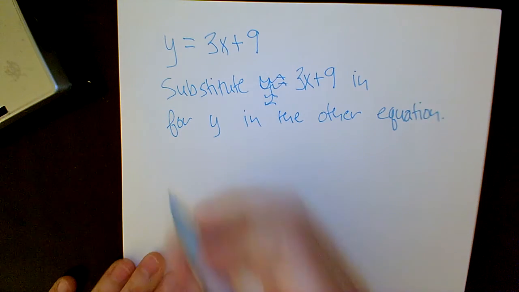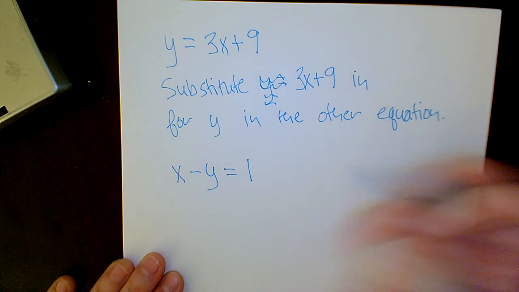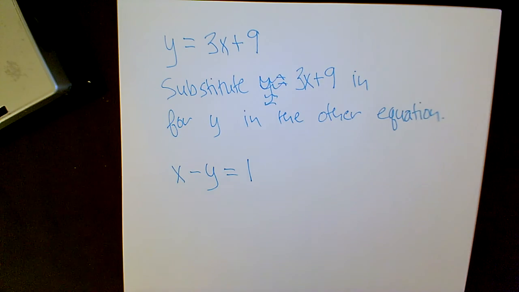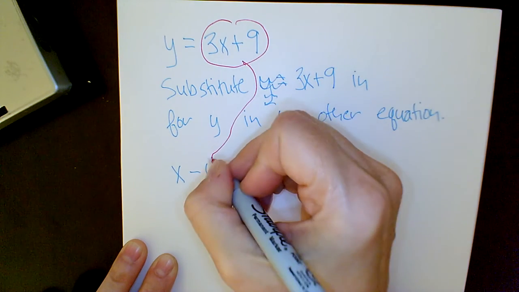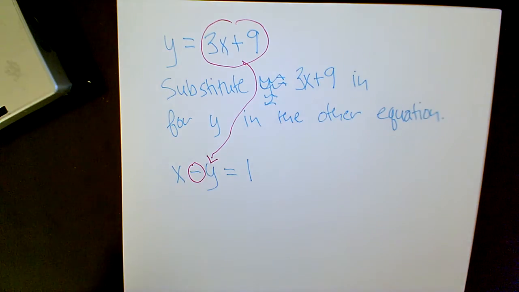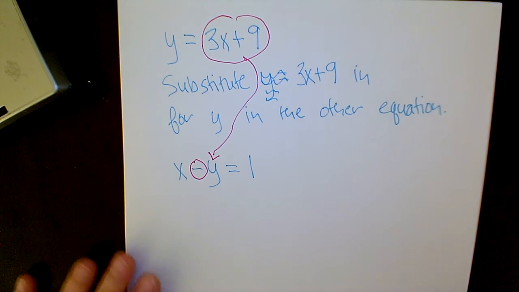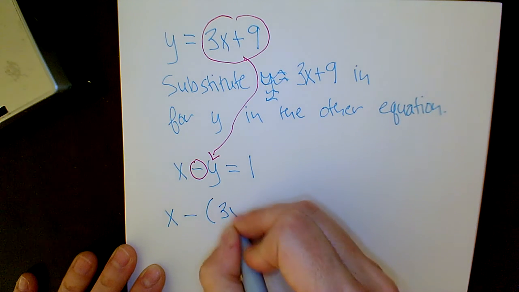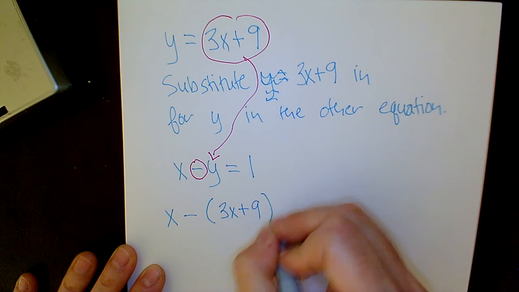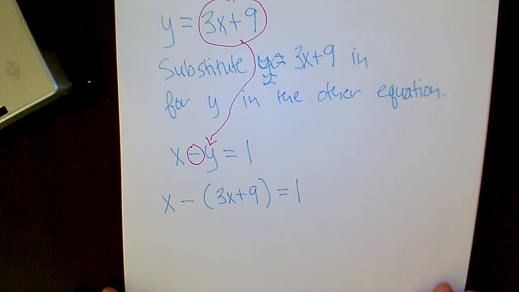My other equation was x minus y equals 1. So I'm going to take 3x plus 9 and I'm going to plug it in here. And notice there's a negative in front. So I want to put parentheses around that 3x plus 9.